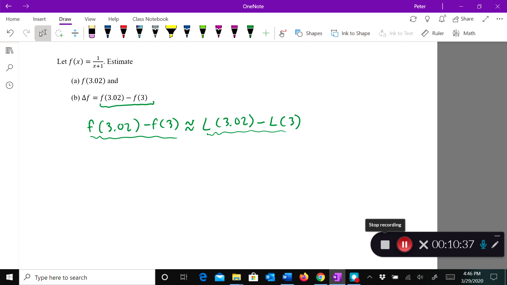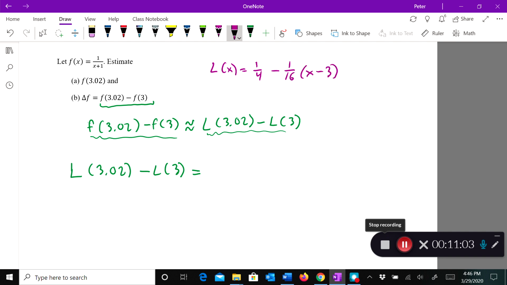let's calculate that. So L of 3.02 minus L of 3 is going to equal, recall that L of x was equal to 1/4 minus 1/16 times x minus 3. In other words, that was our L of x.